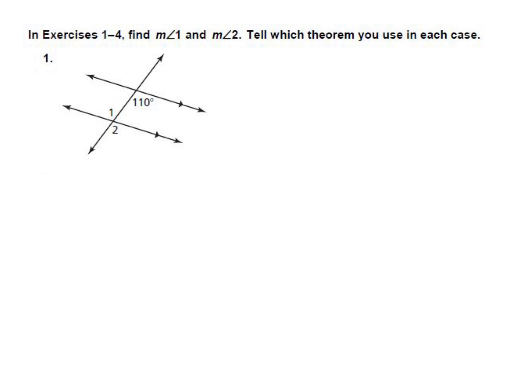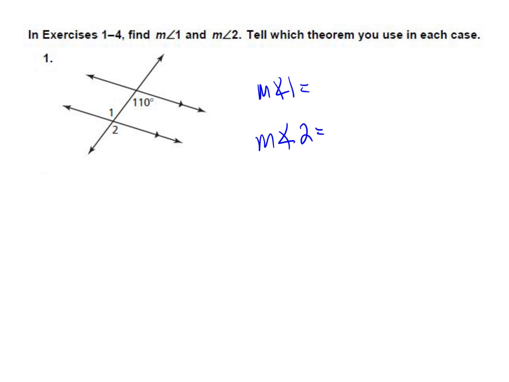It says, find the measure of angle 1 and angle 2 and tell which theorem you use in each case. Okay. So I know I've got to find the measure of angle 1, and I've got to find the measure of angle 2. So we always want to start with the angle that we know right now. Which one do we know?